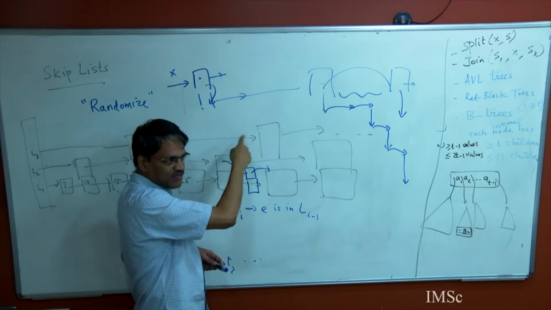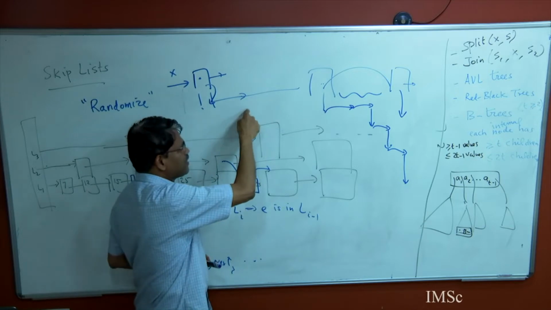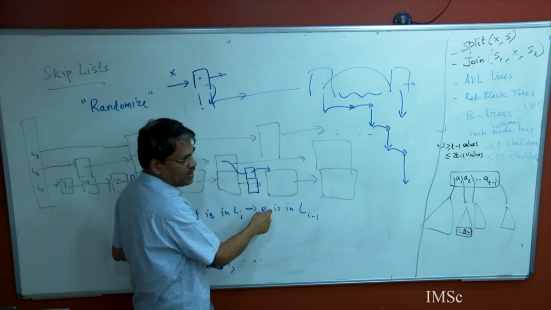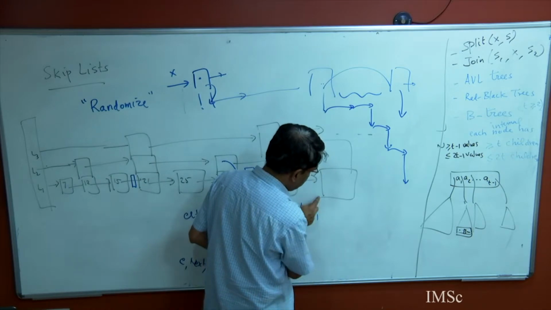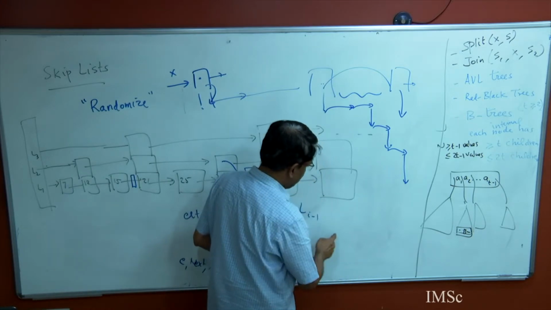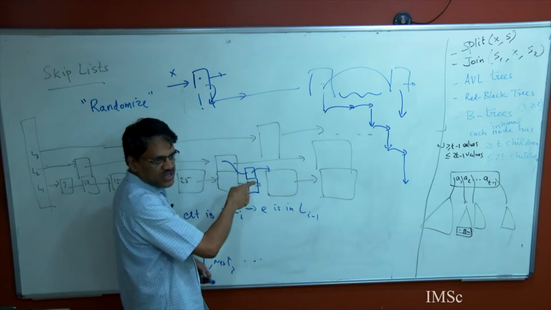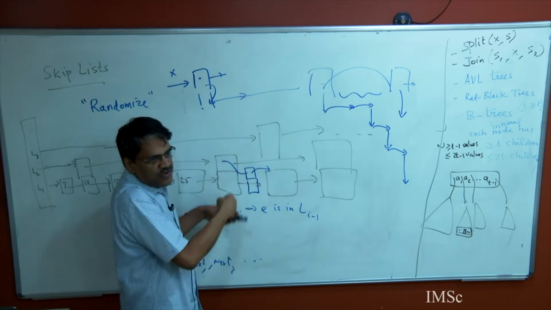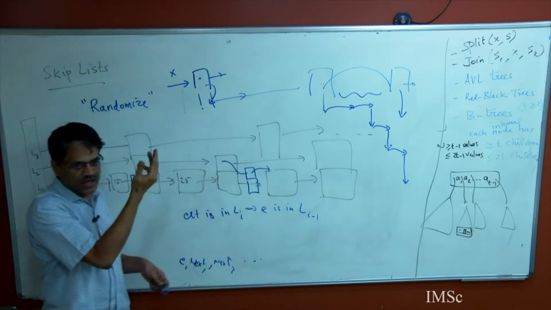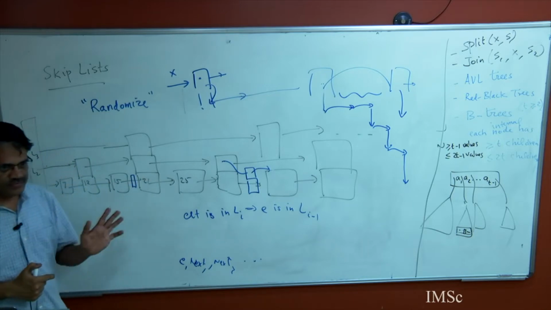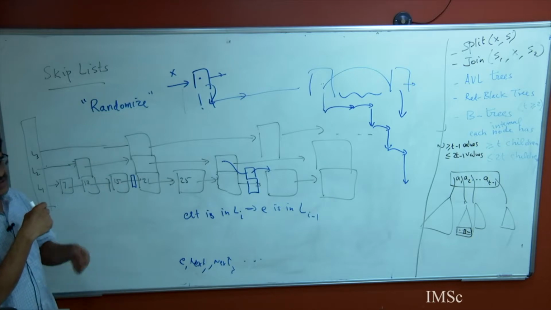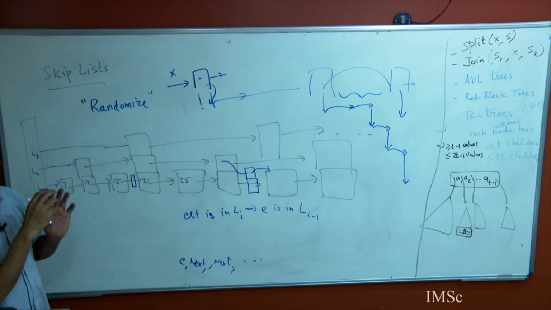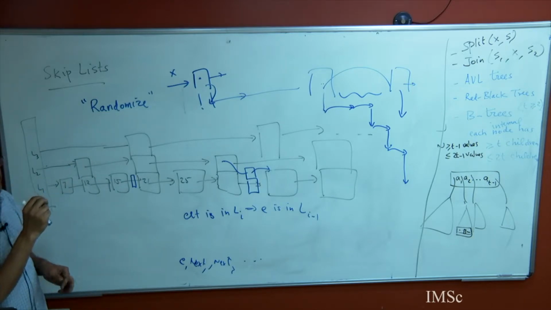The search algorithm followed a path. So I remember, I came down here, here, here. I went here, came down here. So this is where I'm inserting. If I remember all that, it tells me exactly where I need to insert this element if I succeed in adding it to the next list. Okay, so end of story. Of course, all this expectation and tail analysis needs to be argued carefully, but it's a nice simple structure.